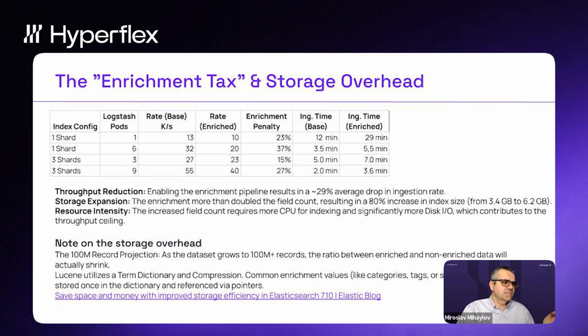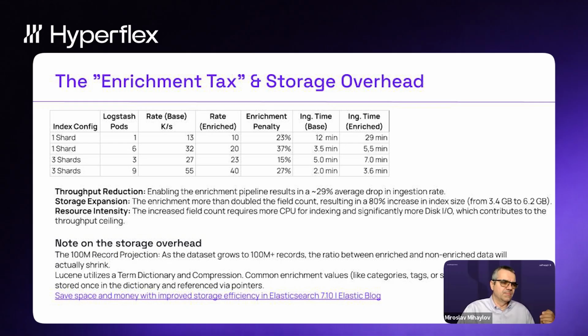If you just look at the extreme numbers here, basically we reduce about 6 times, from 12 minutes to 2 minutes, from 1 shard single pod to 3 shards 9 pods. It is something similar, close to 8 times I believe, when it comes to the enriched data.